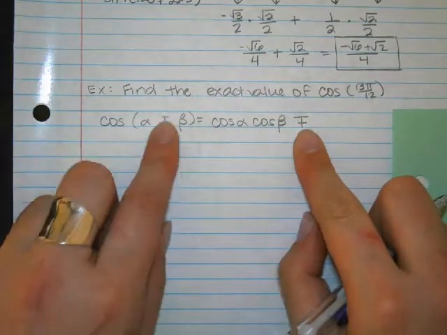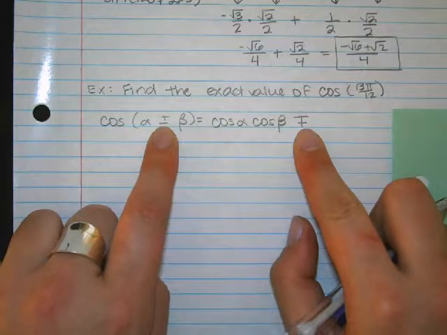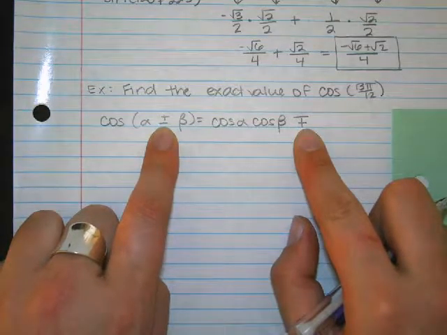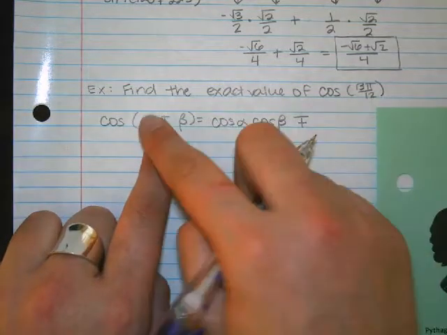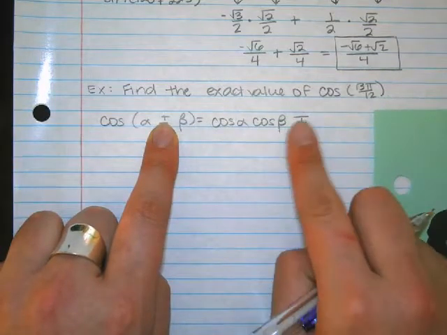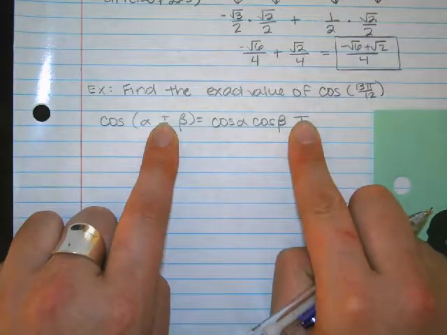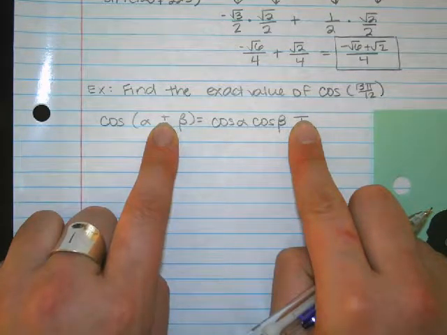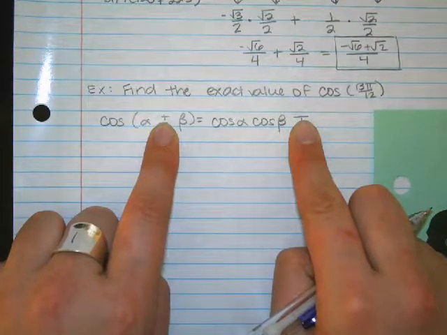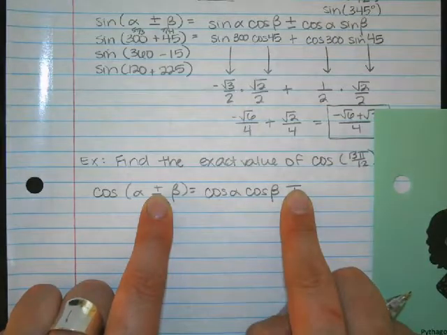What does it mean that they switched it? It means that if you're doing the sum of angles here, then you use the minus, because that's on top. So you do the opposite sign. The sum and difference formula for sine says if you're adding, then you add.